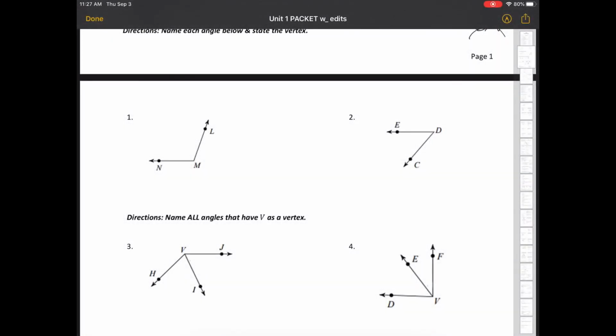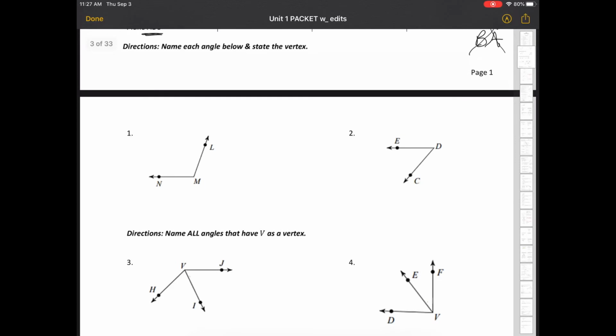So the first practice exercise here, we have to name each of the angles below and state the vertex. As we said in the definition of an angle, the vertex is the shared endpoint of the 2 rays that form an angle. So this one, the vertex would be M. Now to name this angle, we have to make sure we have the vertex as the middle letter.